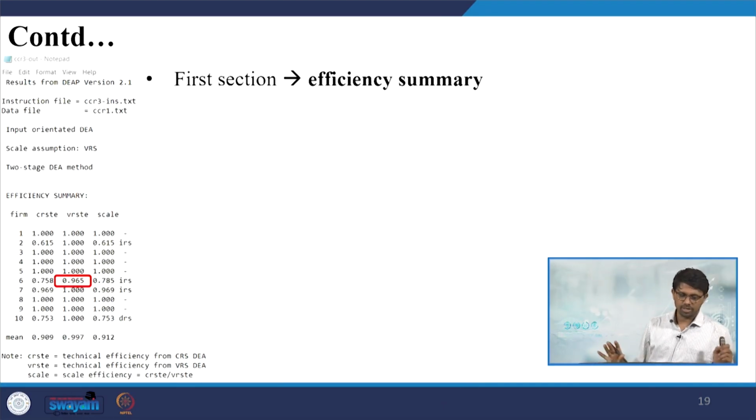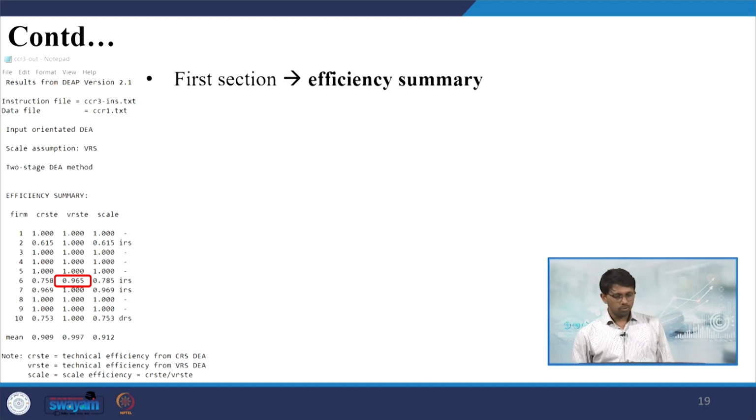Okay, this is the first result, called efficiency summary. One interesting part of this is that we used to get the CRS based estimation with the first form, the 10 DMUs along with their CRS values, but now in addition we are getting VRS and the scale results.